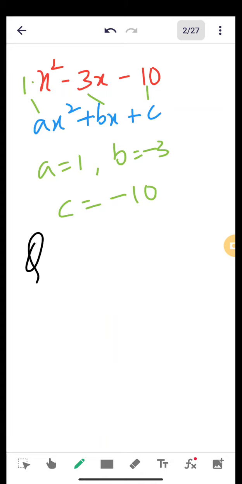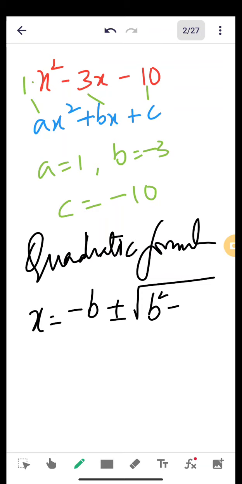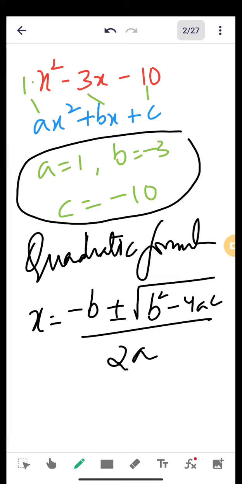Quadratic formula is x is equal to minus b plus or minus under root b square minus 4ac, all divided by 2a. This is the quadratic formula. We can even use this formula to solve. So what we need to do is just substitute these a, b, c values in the formula.